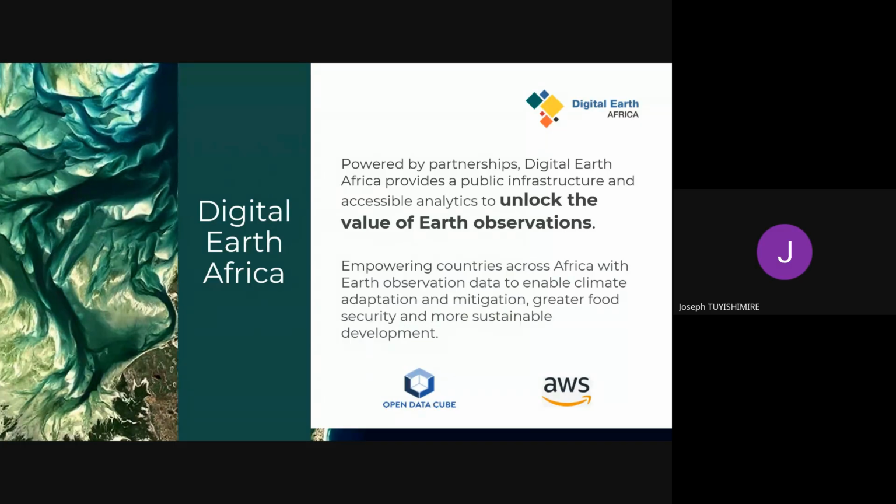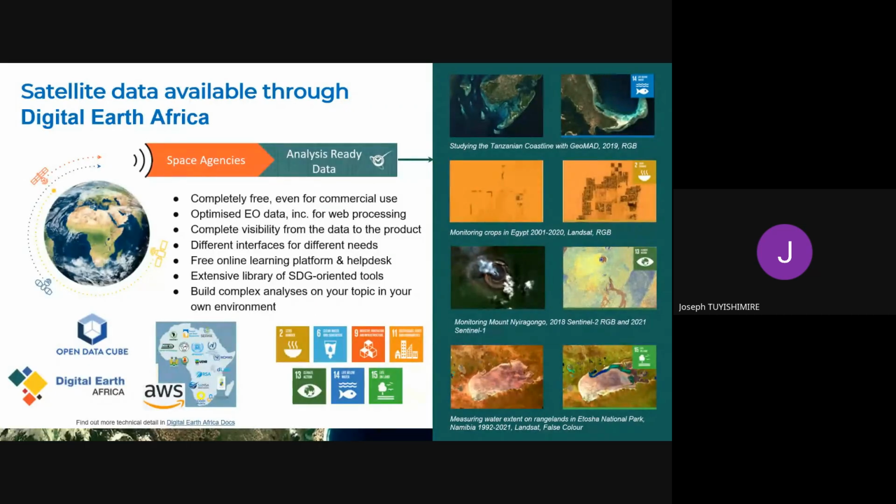So, once again, the Africa is providing free access to Earth observation data, related cloud computing infrastructure, and also capacity building to empower governments in the technologies across the continent.